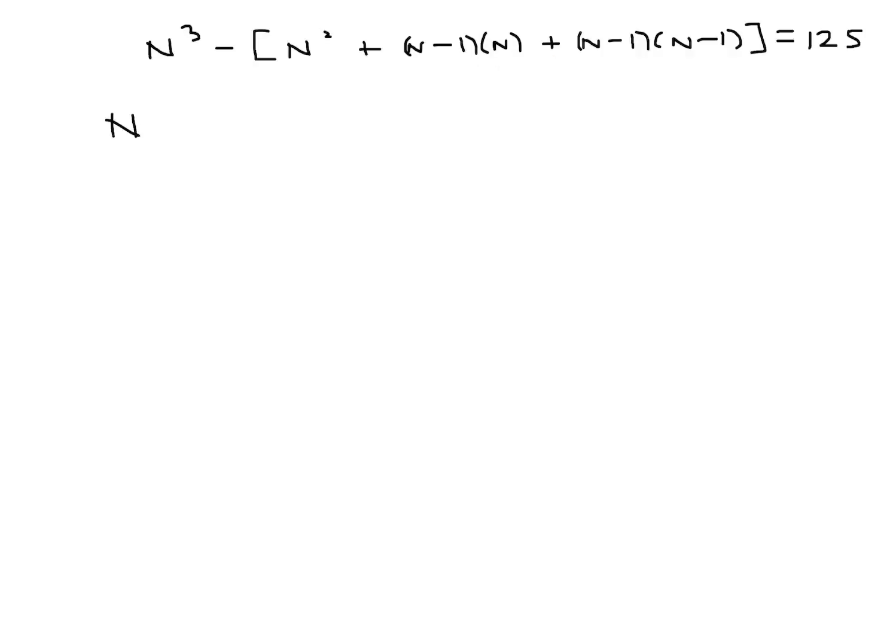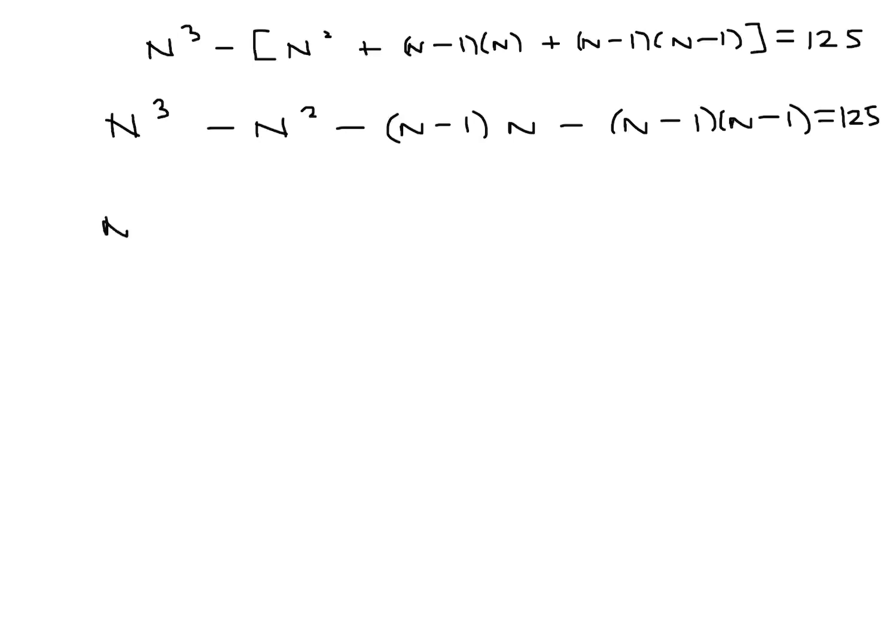So we've got n cubed minus n squared minus n times n minus 1 minus n times n minus 1 times n minus 1 is equal to 125. And we can probably factor an n from here, and that would give us n squared minus 1.